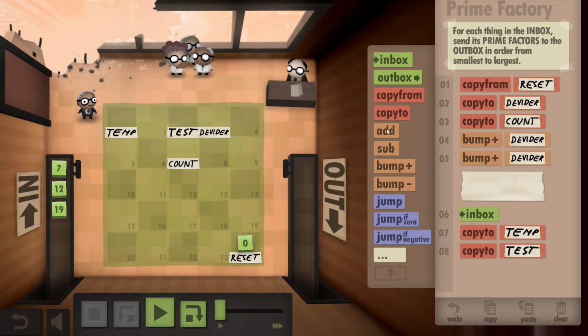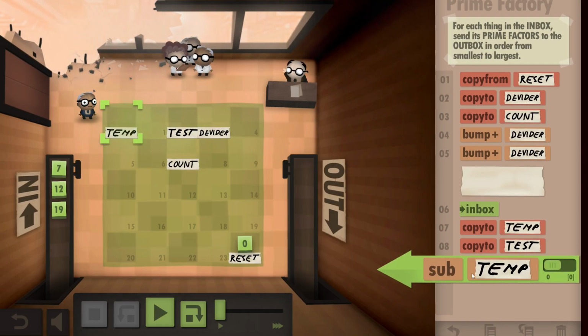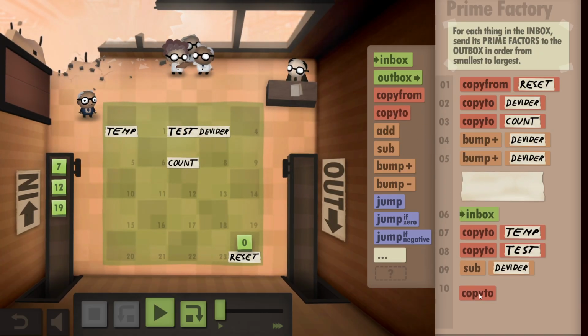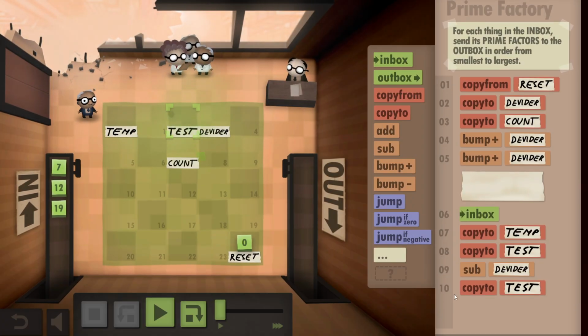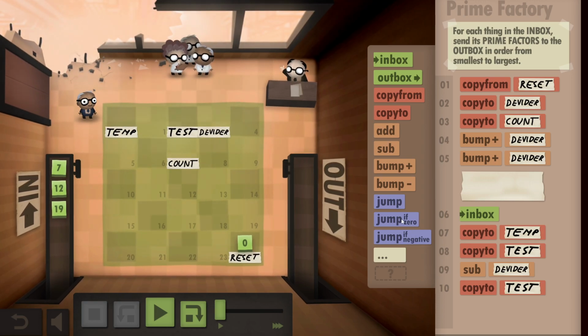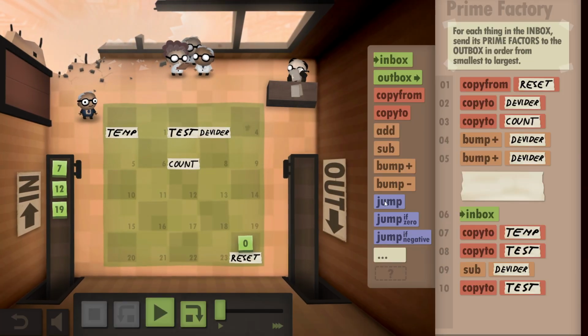Actually, let's clear that. And you sub it from divider. And you copy it to test. And you loop it.